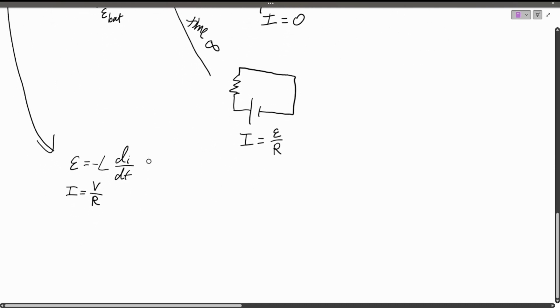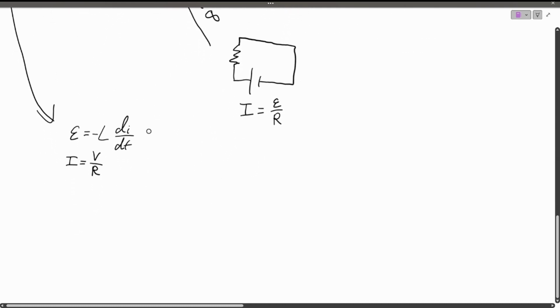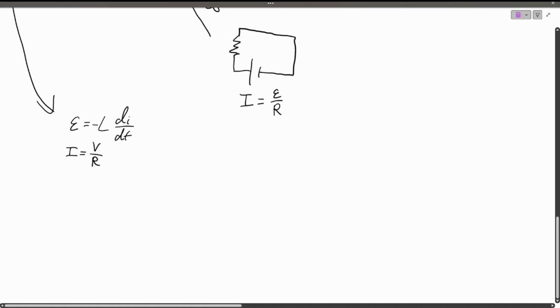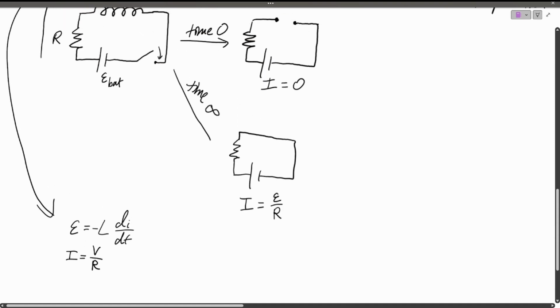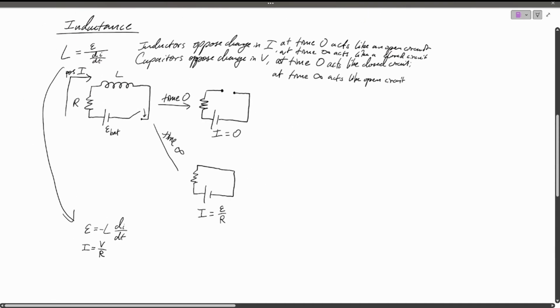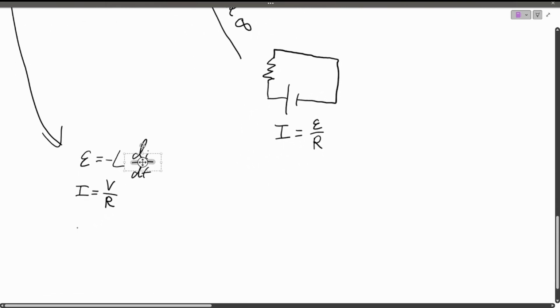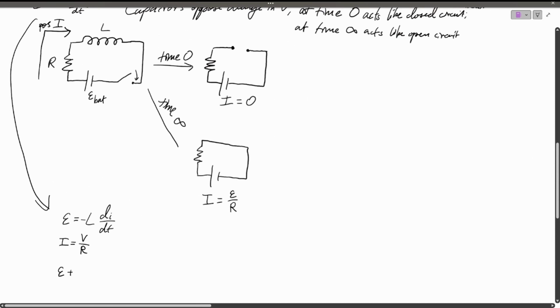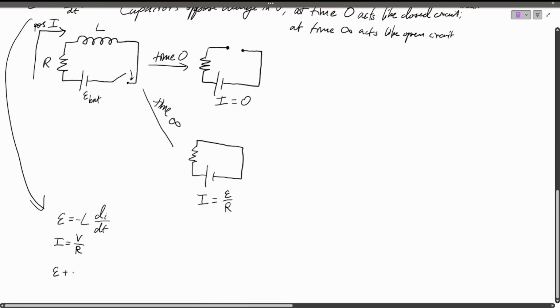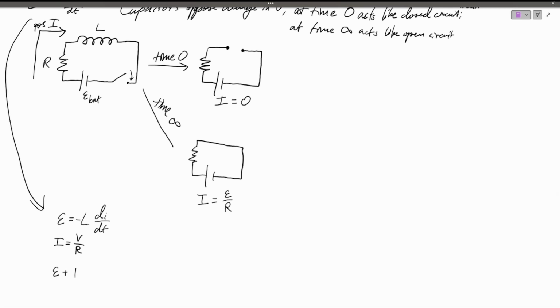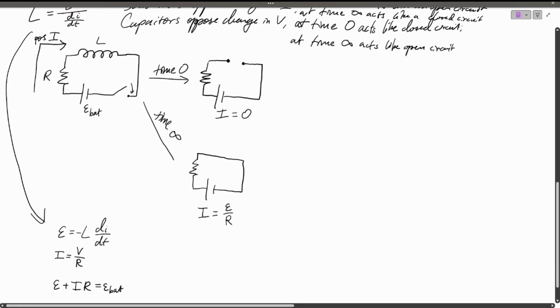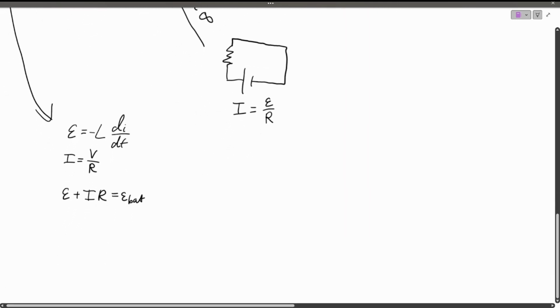Alright, so we should hopefully be able to just stick these together. Then epsilon from the inductor plus the voltage from the resistor, which is going to be IR, needs to equal epsilon battery. So then we can sub this in.